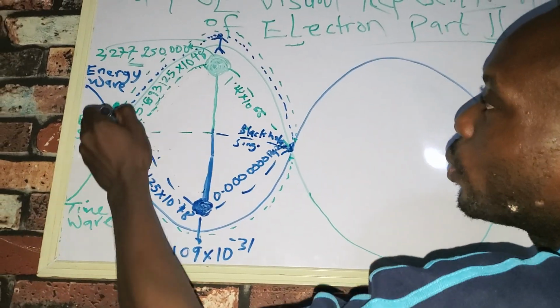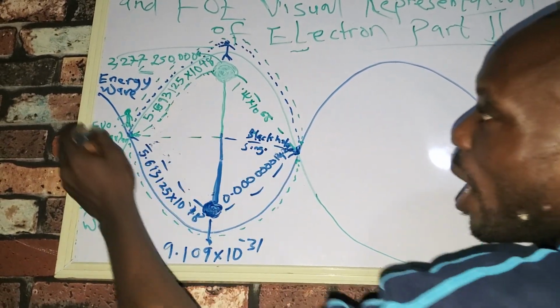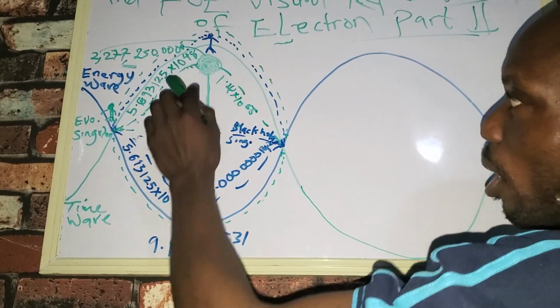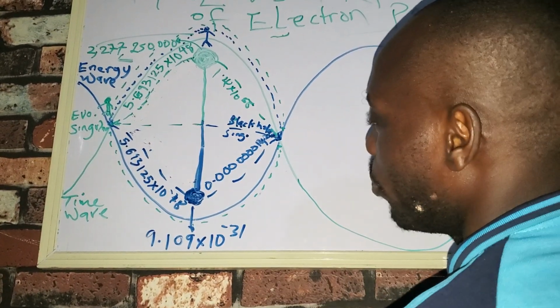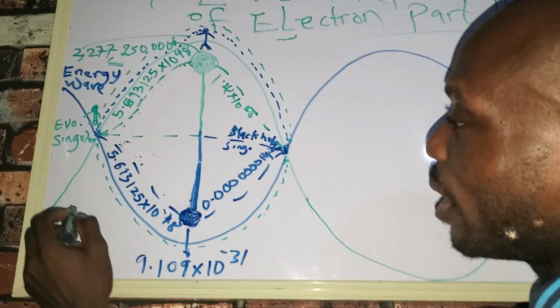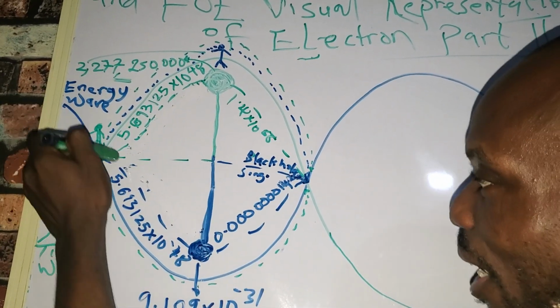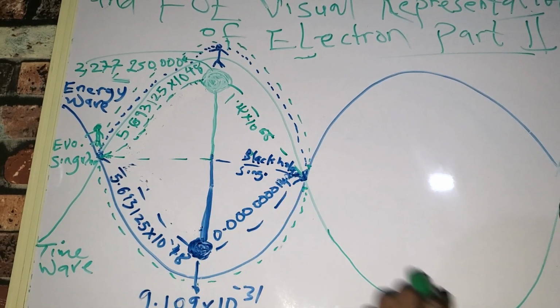Time travels like this, while the energy wave travels oppositely to the time wave. What this is telling us is that as time scales wide, then energy scales narrow or low.